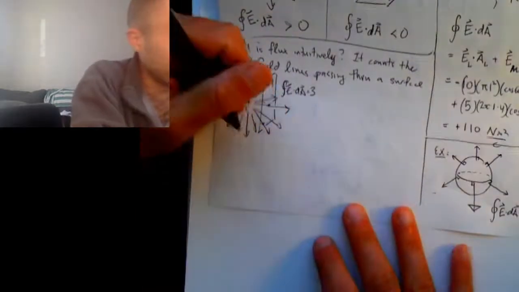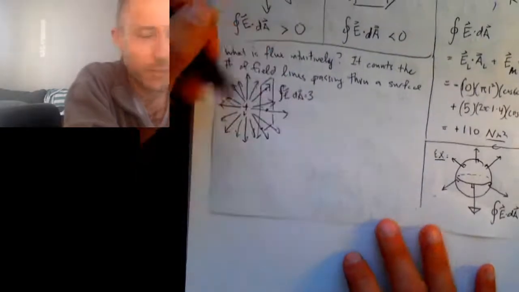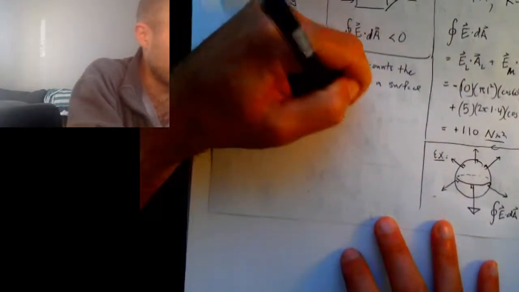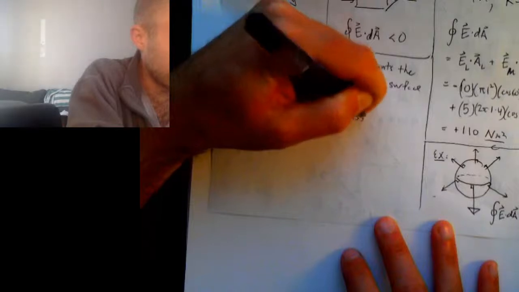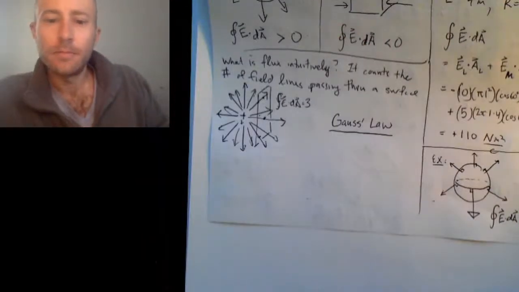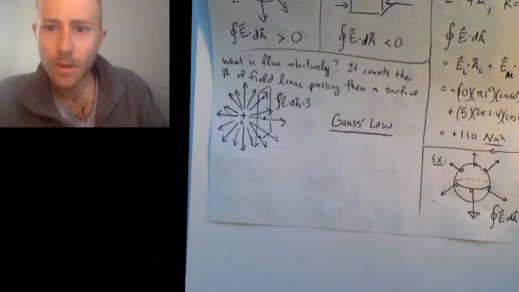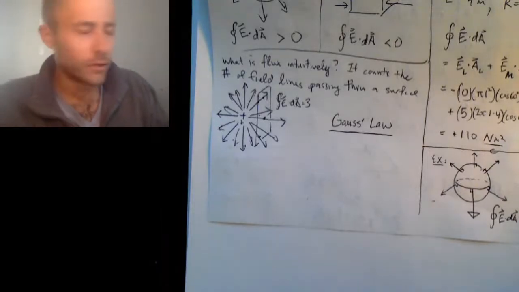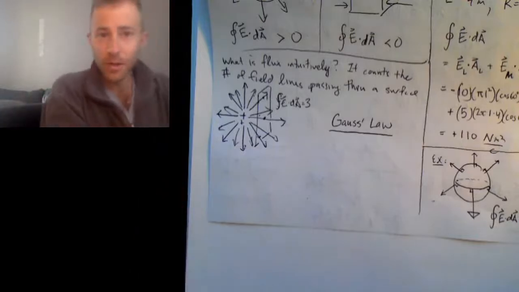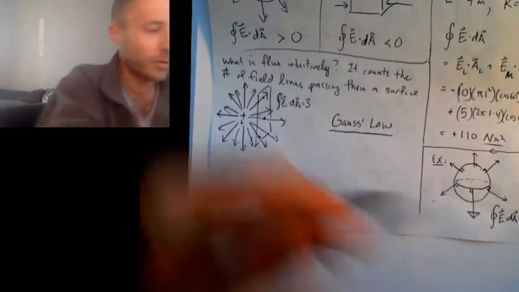So now we're going to get to the major statement of today, which is called Gauss's law. I froze for a second there. So Gauss's law, and I'm going to explain Gauss's law intuitively in the next lesson, but let me just state it.